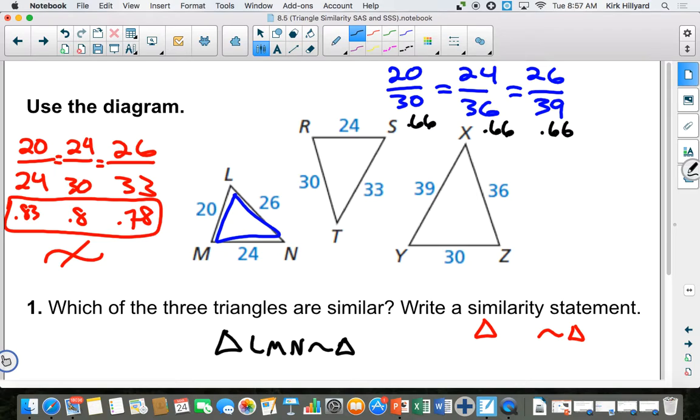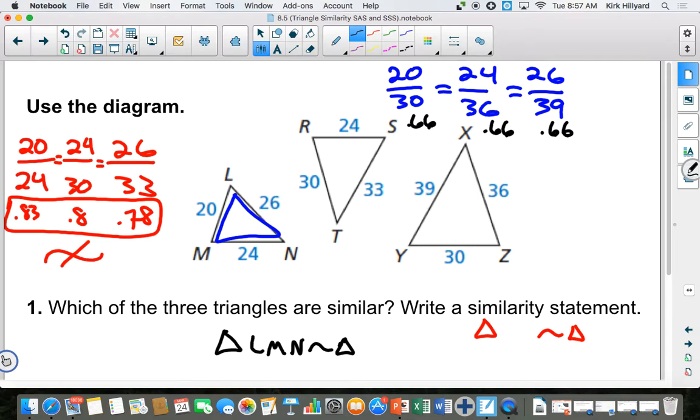Now I have to match this up. LM is which side? LM is the shortest side. Okay. So then I look at the shortest side over here, which is 30. So then I'm going to go, and L is the included angle of the largest and the smallest.